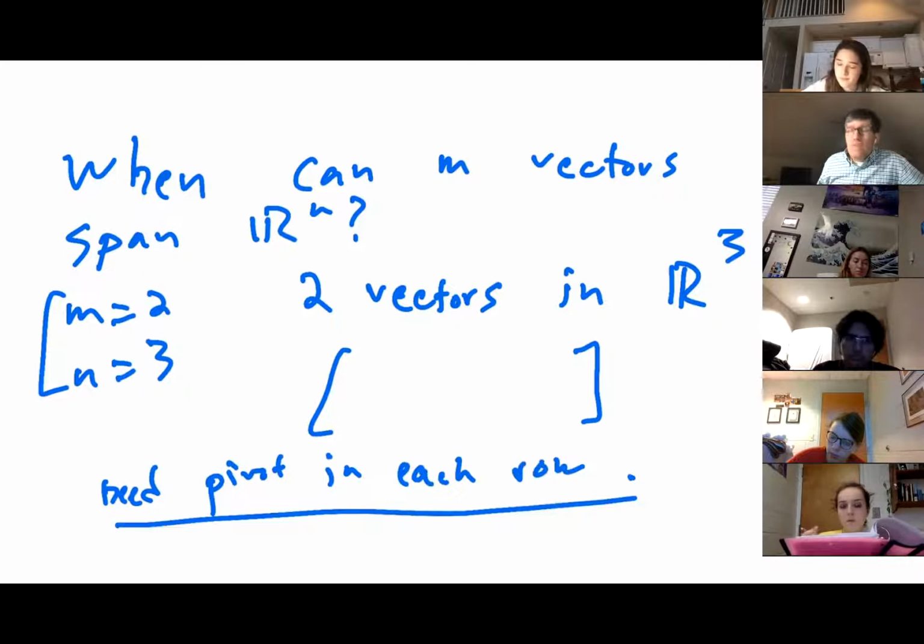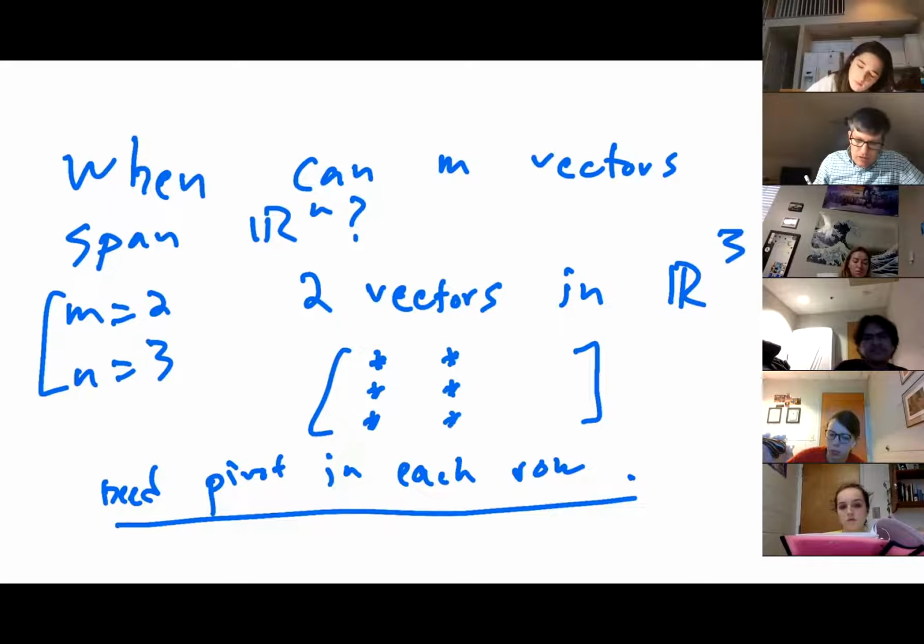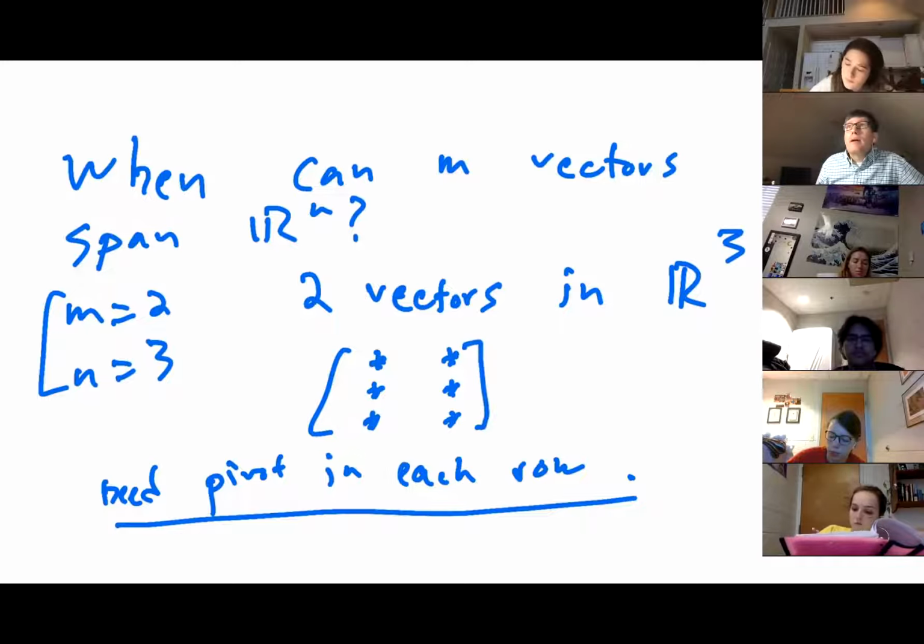Okay, if I have two vectors in R3, right? So that looks like two columns. So my matrix looks like this. Would it be possible to have a pivot in each row here? How many possible pivots could I have?